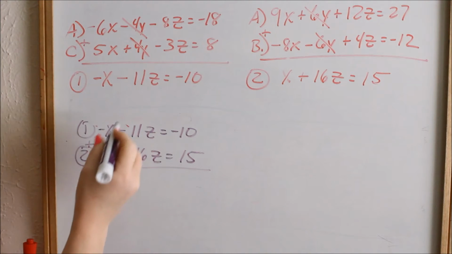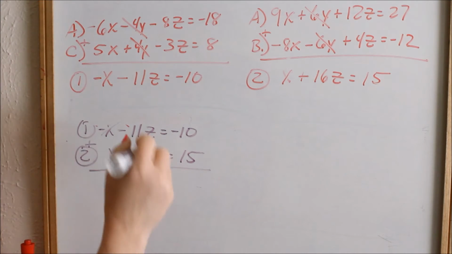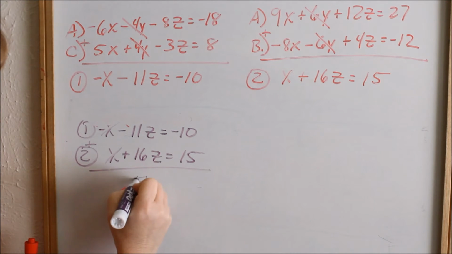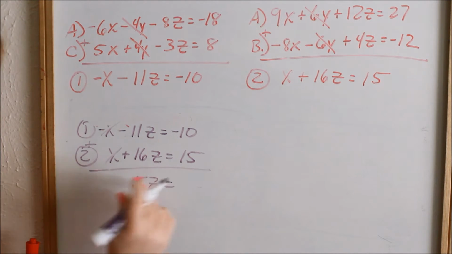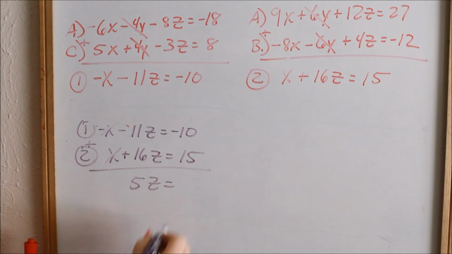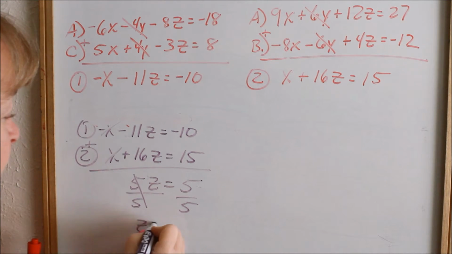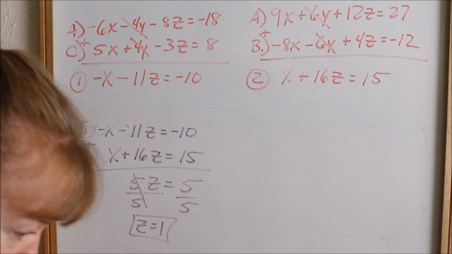Here's equation 2. Those eliminate right there. +16, -11 would be a +5z. This is a 5. -10, +15, +5. Divide both sides by 5, and z equals 1.